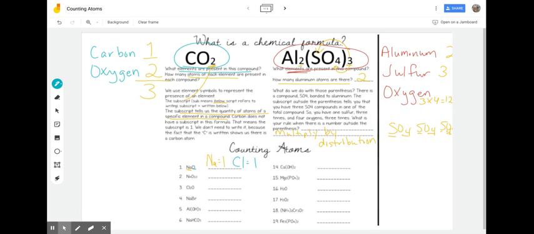All right, let's look at the next one. N4. So there are 4 N's. N is nitrogen. Oxygen has a 10 by it. So the O10, there are 10 atoms of oxygen. Now, if the directions had asked you for a total, then for number 2, the total atoms in this compound would be 14, but it's not asking for the total, just asking you to count.